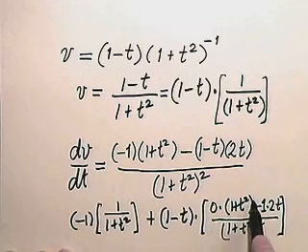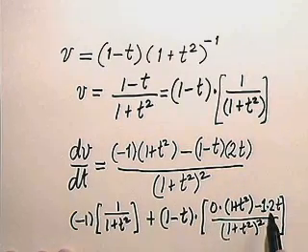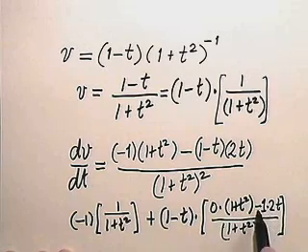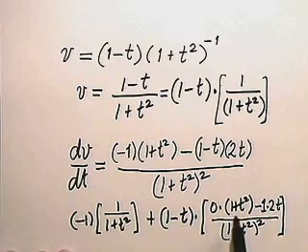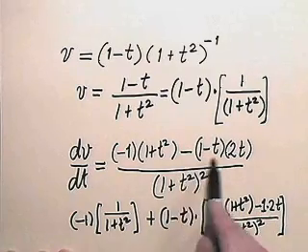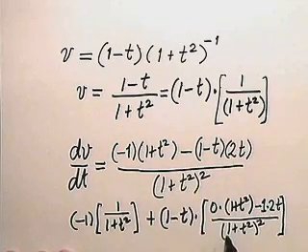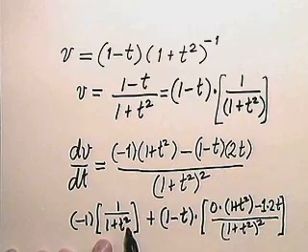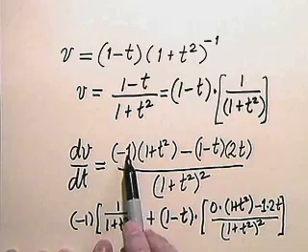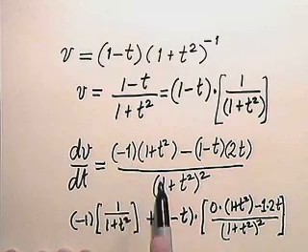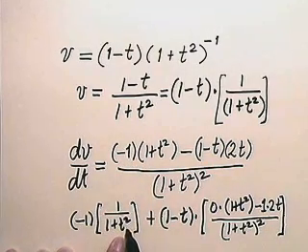Notice the 0 times all of this denominator is nothing, and so our numerator is effectively -2t. So here we have the -2t times the 1 minus t, which we had here, and the 1 plus t squared squared. But notice over here, we have -1 and only a 1 plus t squared.